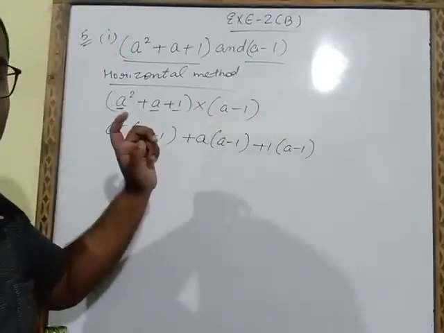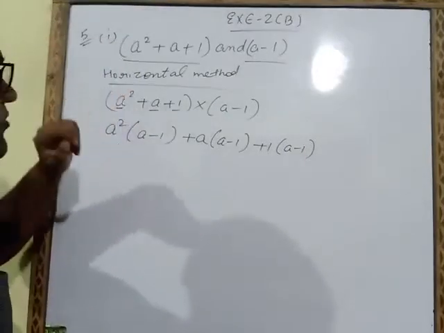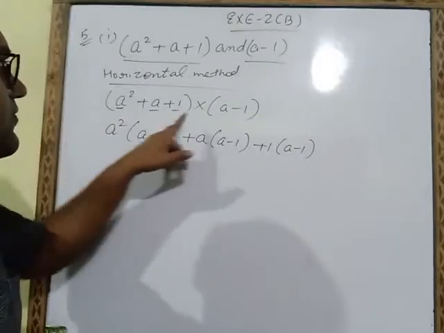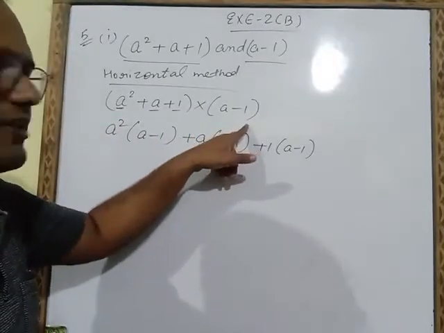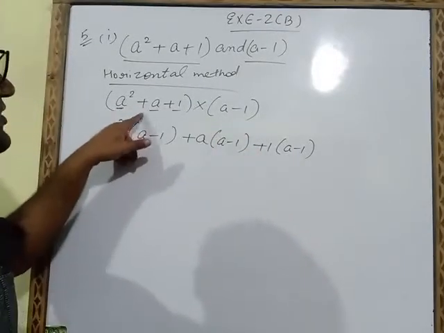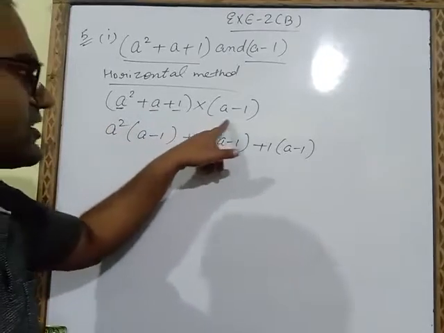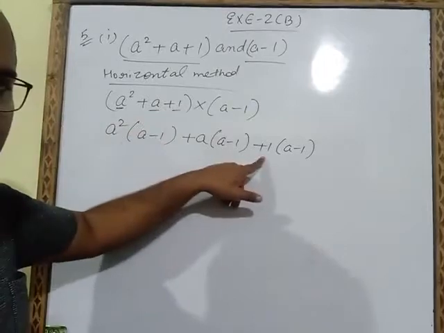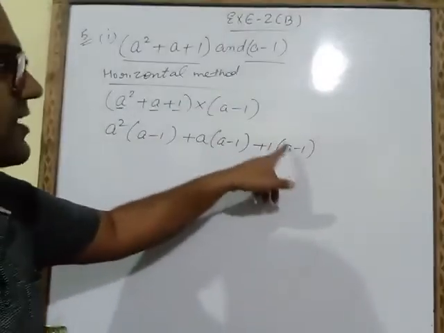Now, to find the product by the horizontal method, the first term is multiplied with the full second expression, the second term with the full expression, and plus 1, the third term, with the full expression.